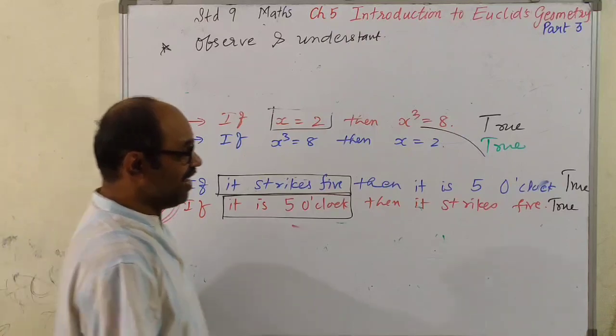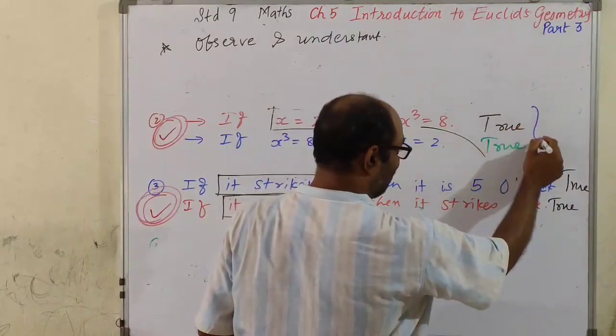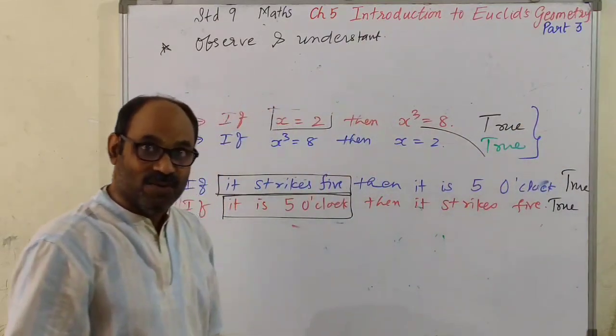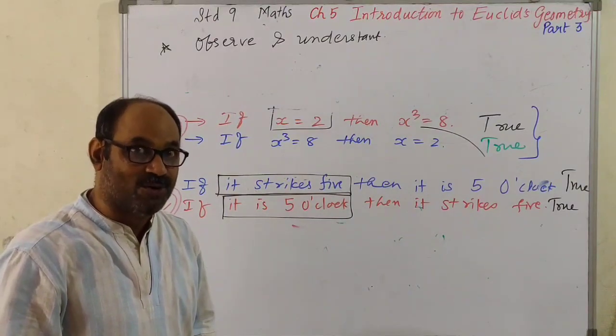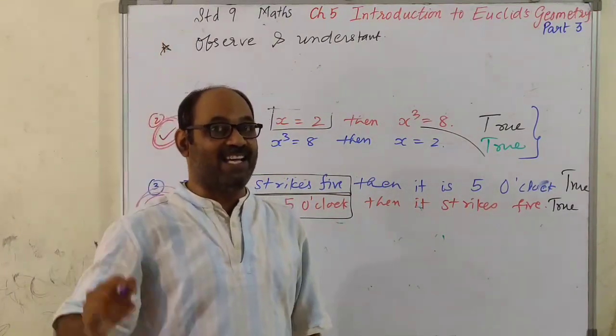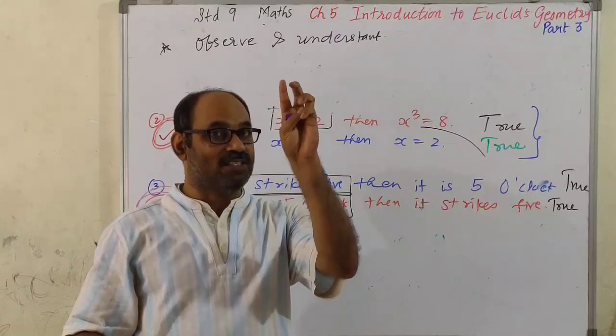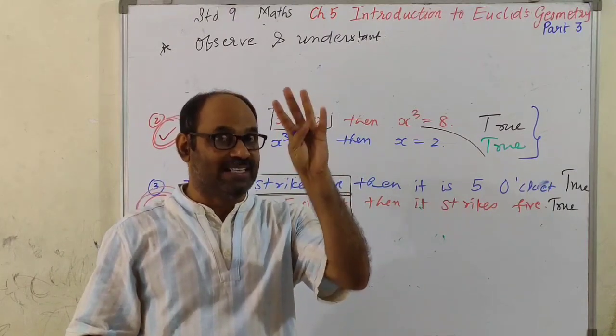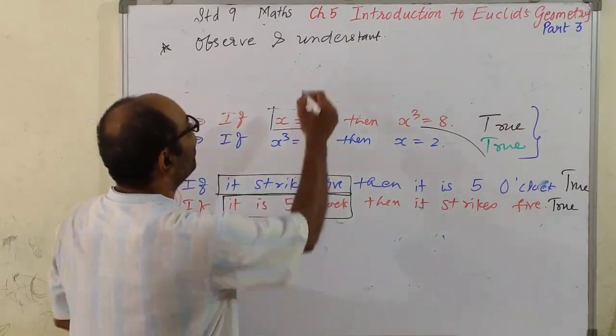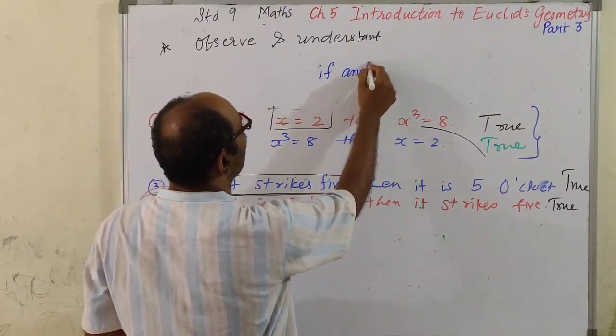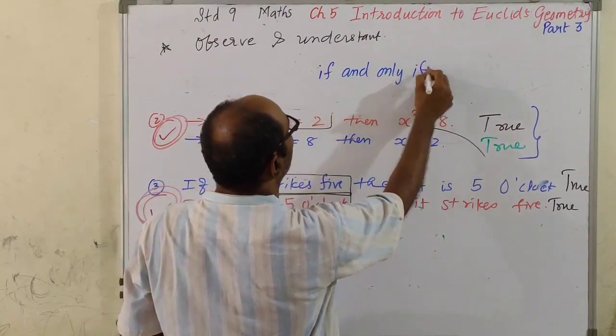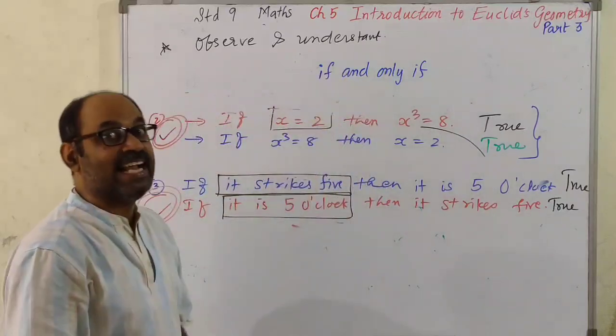Children, when a conditional statement and its converse statement both are true, we have one more phrase. We saw at least, at most, one and only one, two and only two, something like that. Now, if and only if, and this is used in the center.